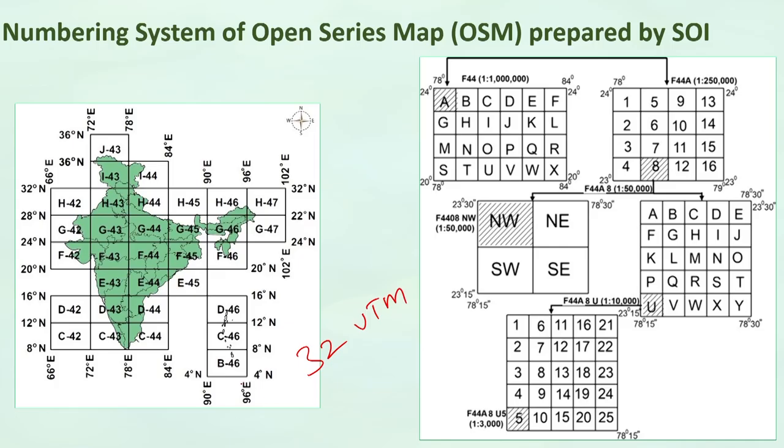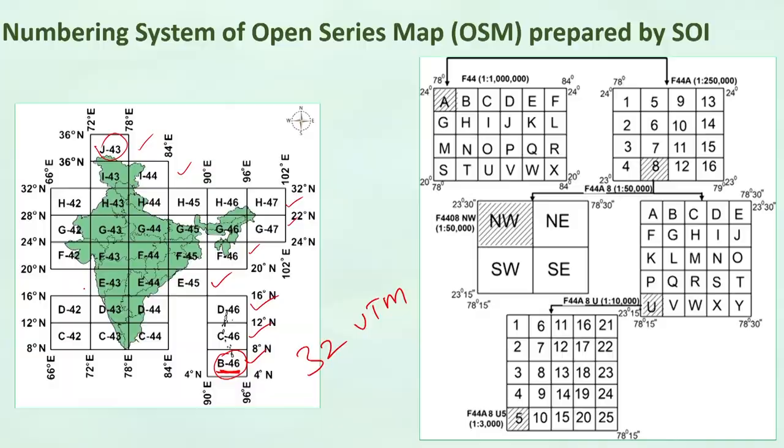Starting from here you see B46, and there are many rows: B row, C row, D row, E, F, G, H, I, J, right, up to J43. The rows go on starting from B46, clear? Yes. And this is about the rows.